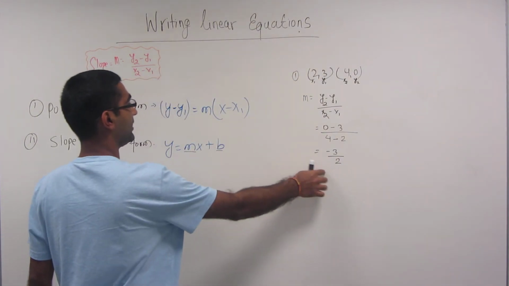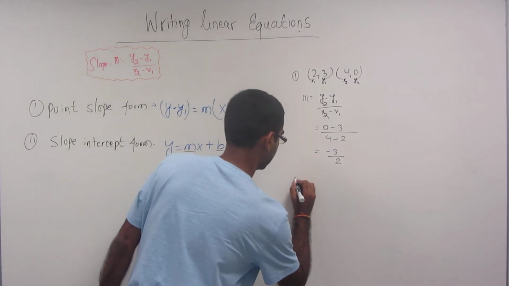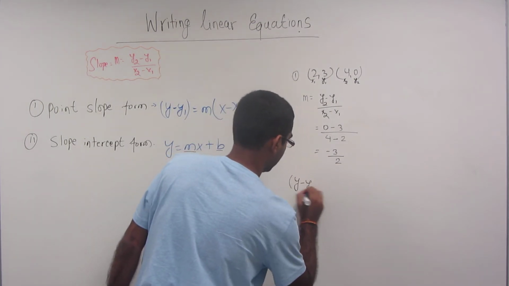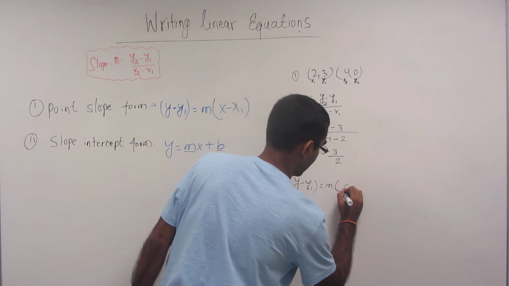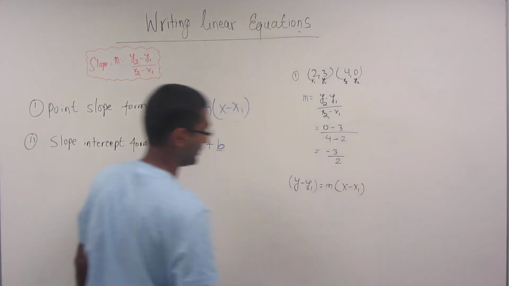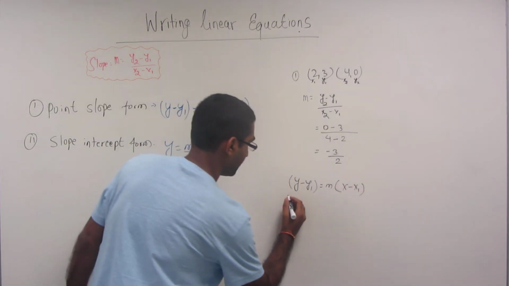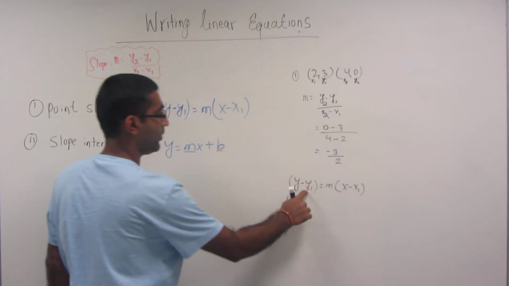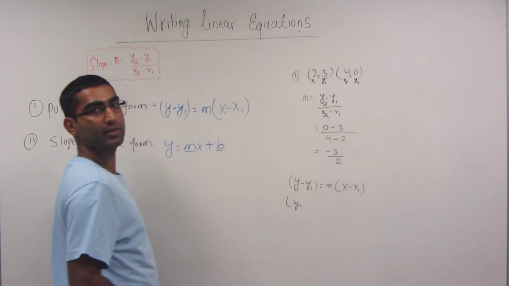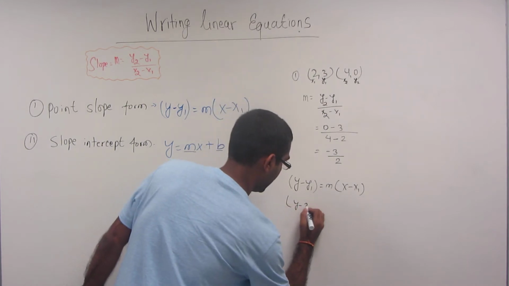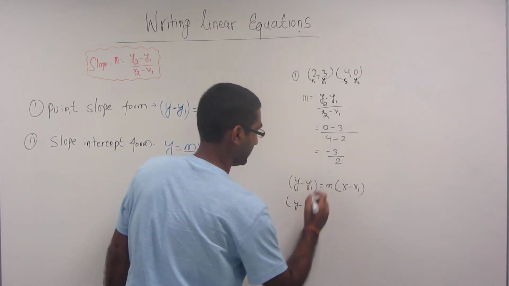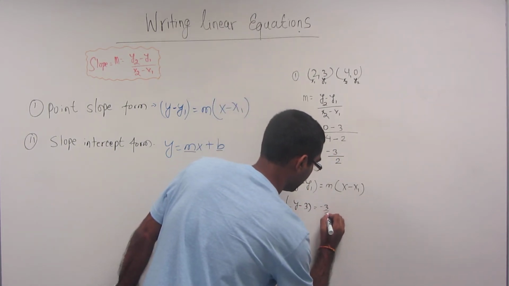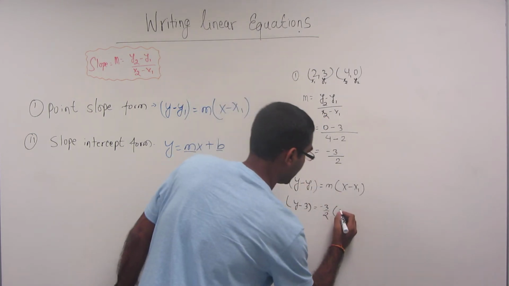Okay, now we are ready to plug it into that formula. y minus y1 equals m times (x minus x1). Okay, now y, we're going to leave that alone. y1 is our 3. m is negative 3 over 2. x, we can leave that alone.